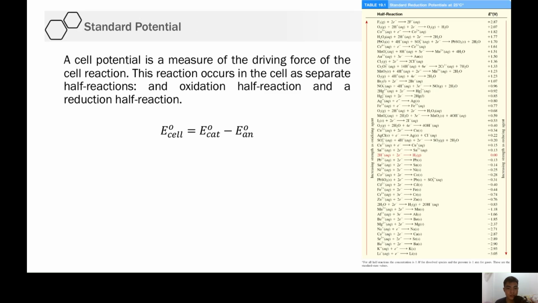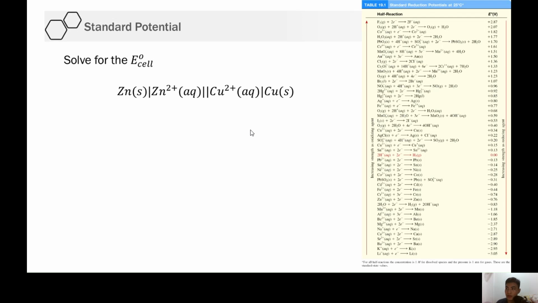Standard potential. Basically, what you're going to do is to identify which is the cathode and which is the anode. Once you have identified them, you can look for their potentials here. Their cell potential can be obtained from this table. For example, last time I gave you this activity. We knew that this is the anode and this one is the cathode.